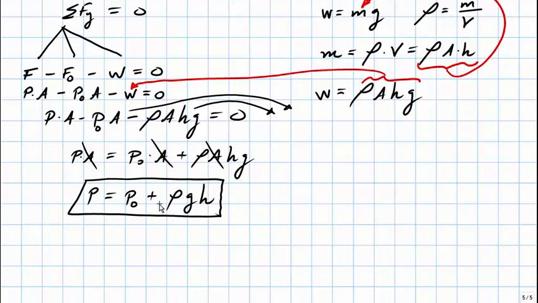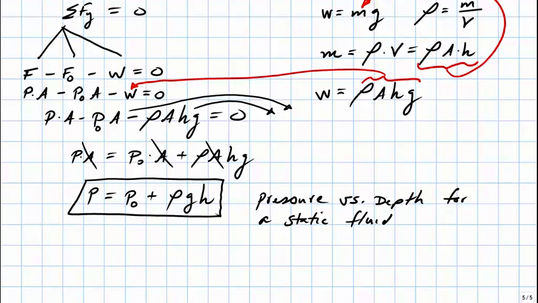This is a very important equation, and it relates the pressure versus depth for a static fluid. Therefore, this equation can only be applied when the fluid is static. In other words, there's no motion within the fluid.